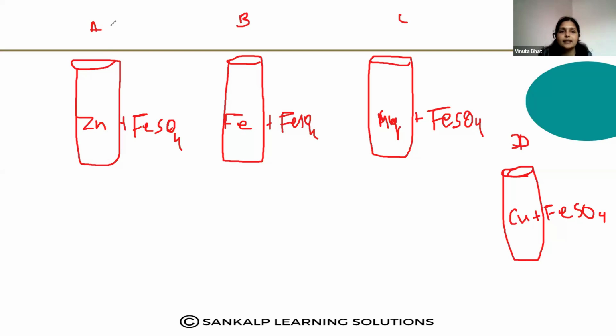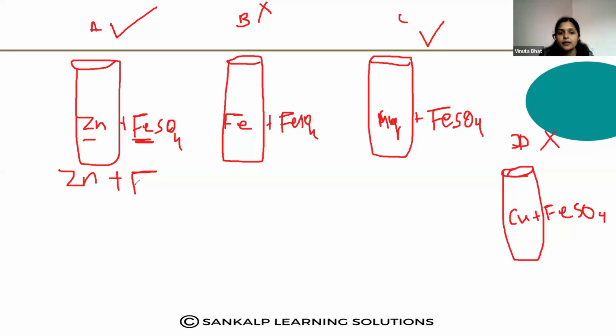So here I will say in test tube A and test tube C, the chemical reaction takes place, because in B and D, no reaction takes place. Why does the reaction take place in test tube A and test tube C? What is the reason behind this? Here, zinc, which has more reactivity than iron, is able to displace the iron from FeSO4.